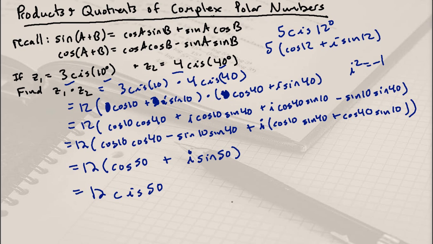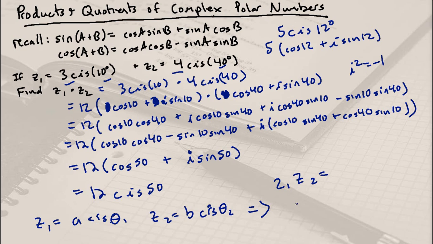So we can say for any two complex polar numbers, Z1 in the form A CIS theta 1 and Z2 in the form B CIS theta 2, the product of those two is going to equal AB CIS of theta 1 plus theta 2.